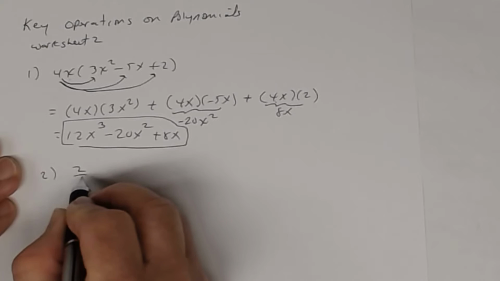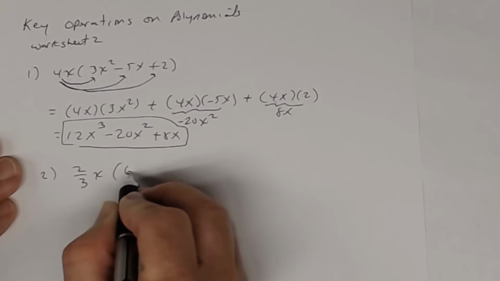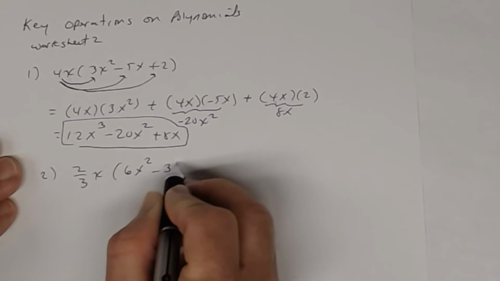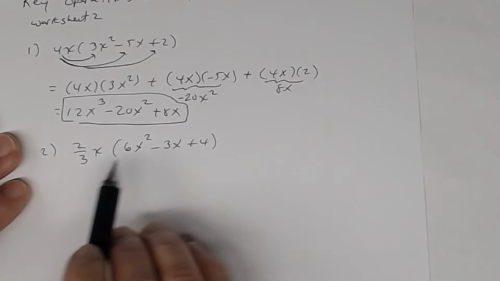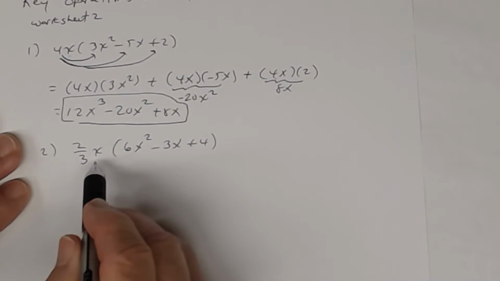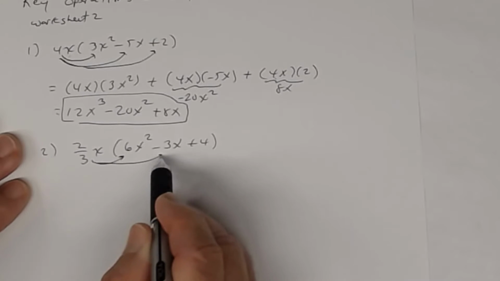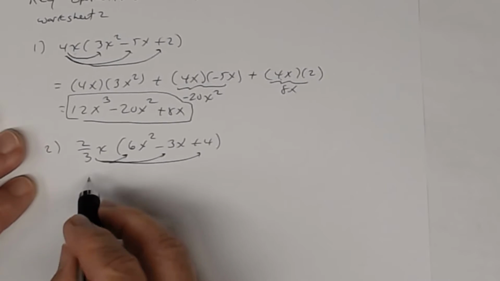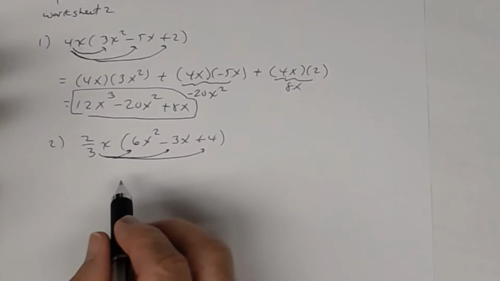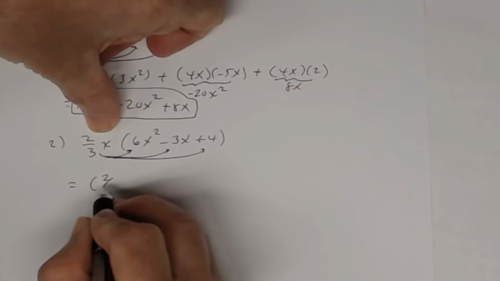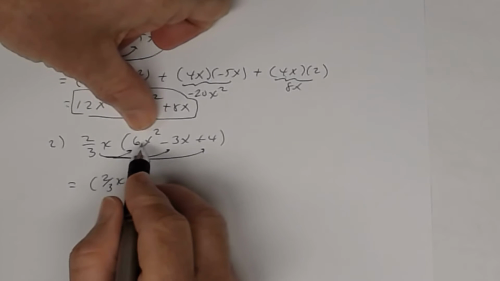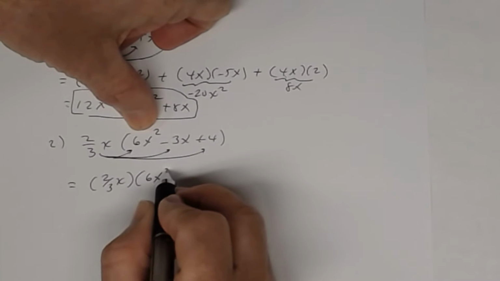Number 2, we have 2/3 x times 6x squared minus 3x plus 4. So again, notice I have a monomial times a polynomial. So we're going to use the distributive property, just like we did. Be careful with this one because you do have a fraction. So you're saying mentally 2/3 x times the first term here, which is 6x squared.